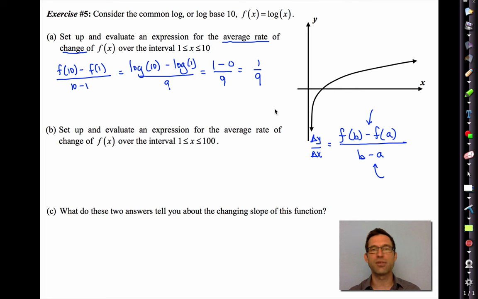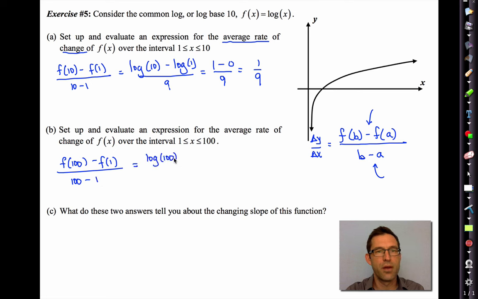But look at what happens if we do the average rate of change from 1 to 100, right? F of 100 minus f of 1 all divided by 100 minus 1. Well, that's going to be log of 100 minus log of 1 divided by 99.